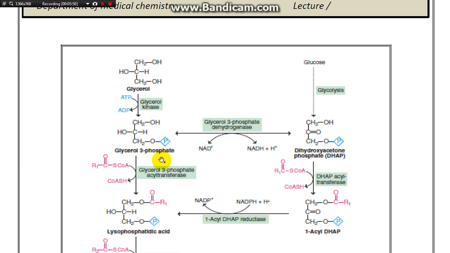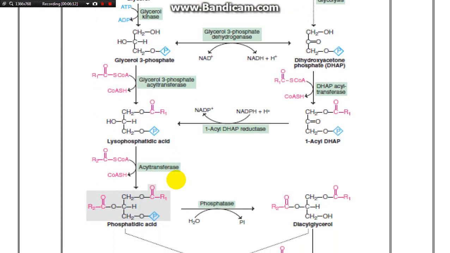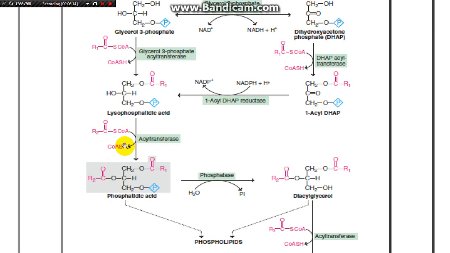Glycerol 3-phosphate is converted to the lysophosphatidic acid by addition of an acyl group, giving CoA, by glycerol 3-phosphate acyl transferase. Addition of another acyl group by acyl transferase enzyme gives the phosphatidic acid.